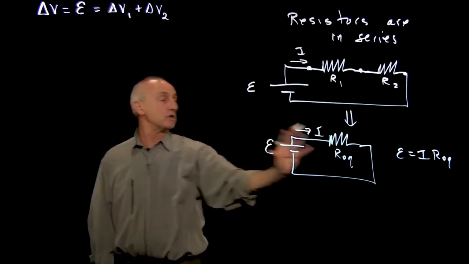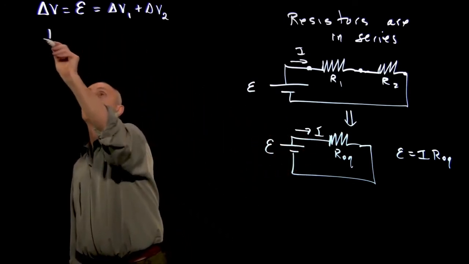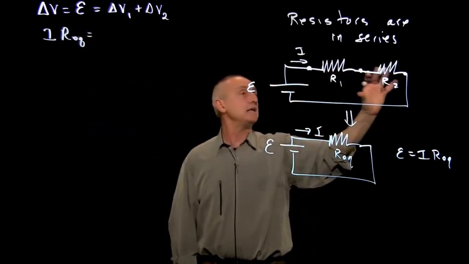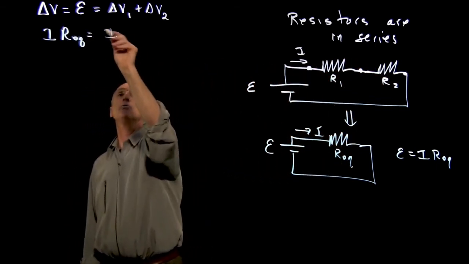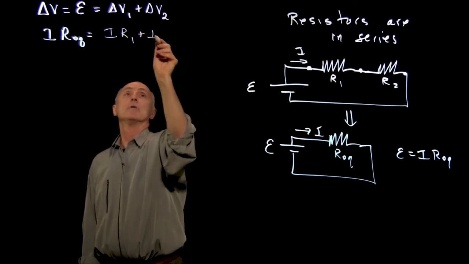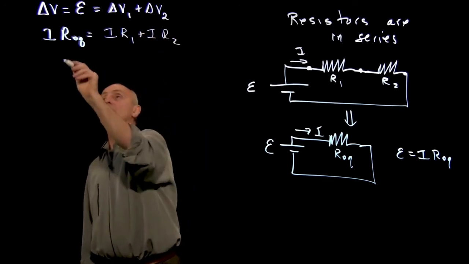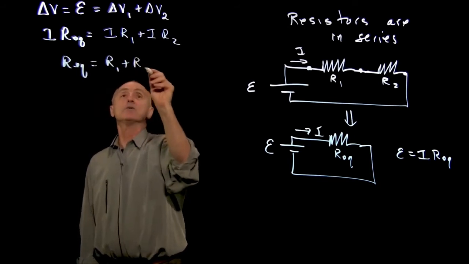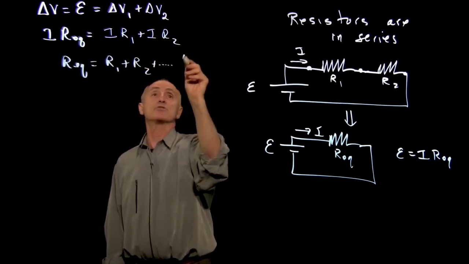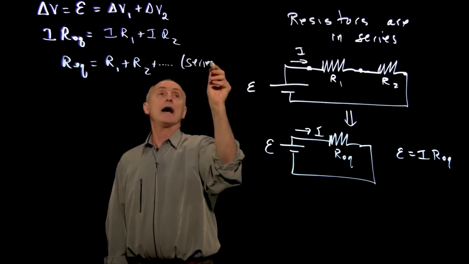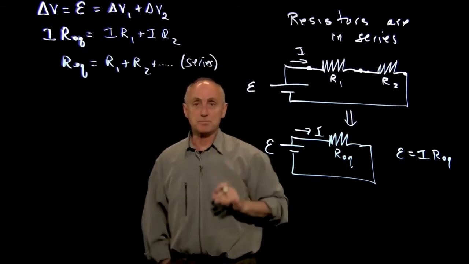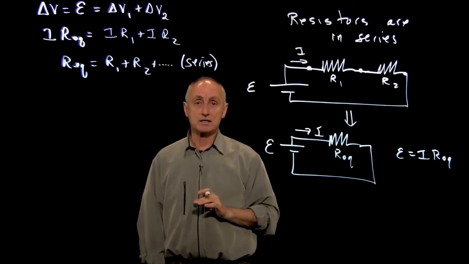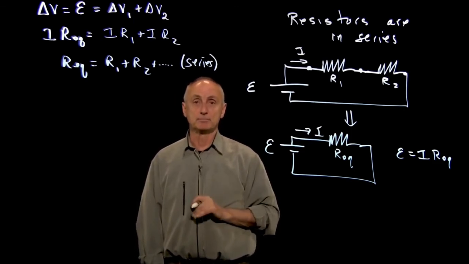Now, notice in our equivalent circuit, we have I R equivalent. And in each of these elements, we have Ohm's law, I R1 plus I R2. And so we see that when resistors are connected in series, and if we had many resistors in series, they add. And that's our first important way to think about decomposing a complicated network of resistors.